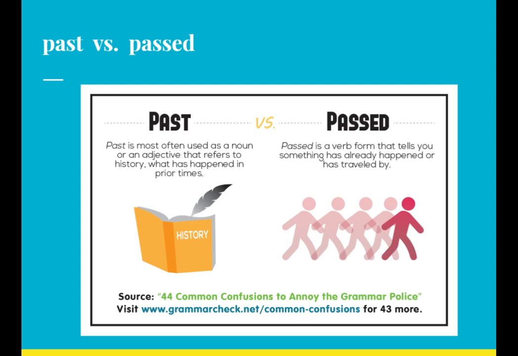If you said you passed the class, then we're talking about the one on the right with PASSED. You have traveled through the class, and you've passed it. If someone passed you on the highway, if you were driving, or you're a passenger in the car, that's passed. Versus if these events happened in the past, then we're talking about the left side.